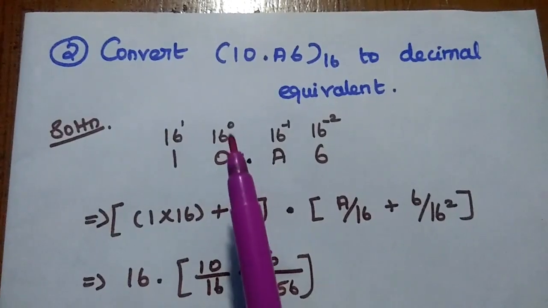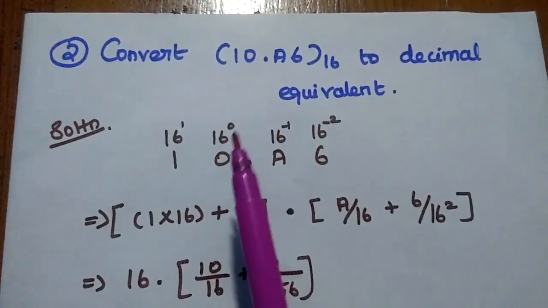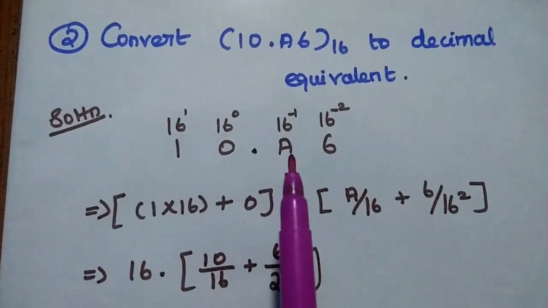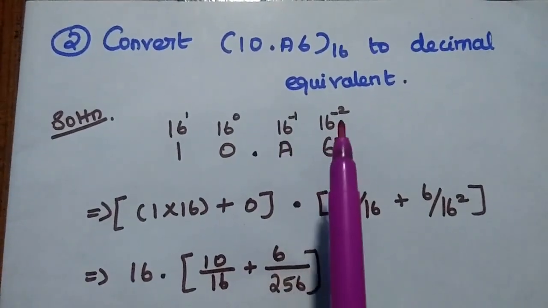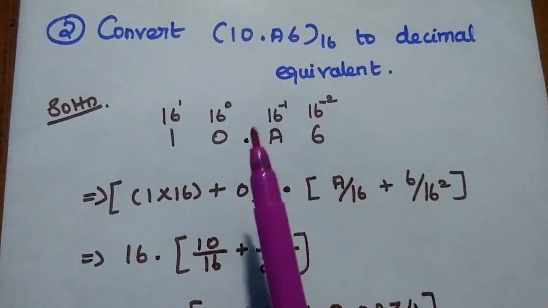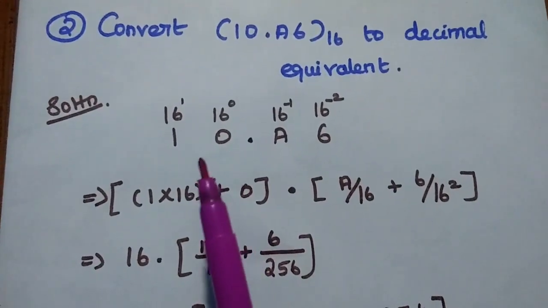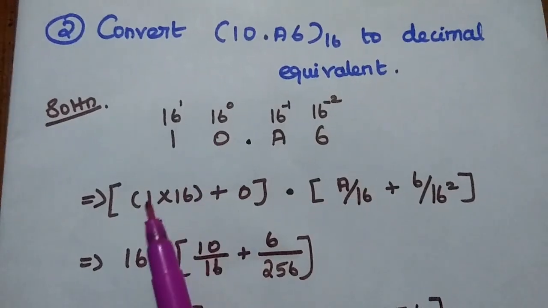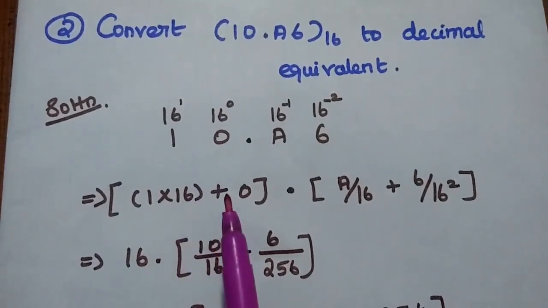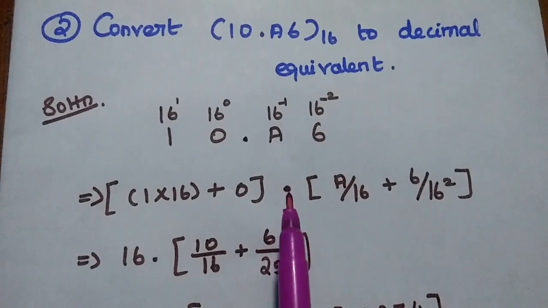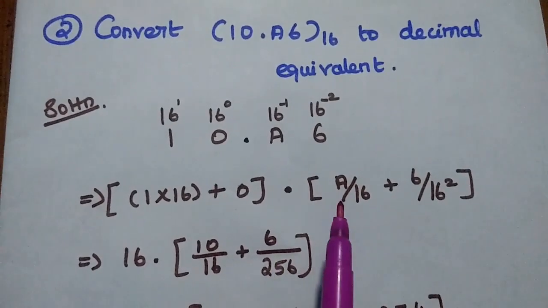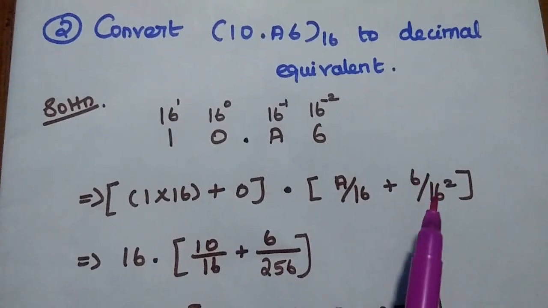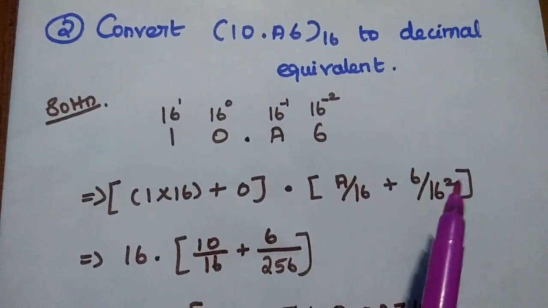Next we mention its place values: 16 power 0, 16 power 1, and after the point 16 power minus 1, 16 power minus 2. In the next step, we multiply each digit with its weight. So 1 into 16 plus 0, then the decimal point. After that, we have A by 16 plus 6 by 16 squared.